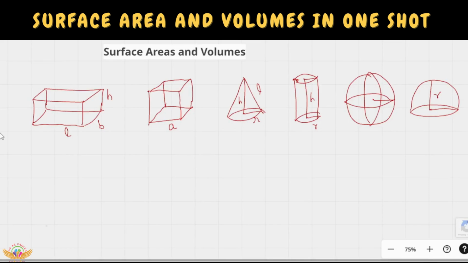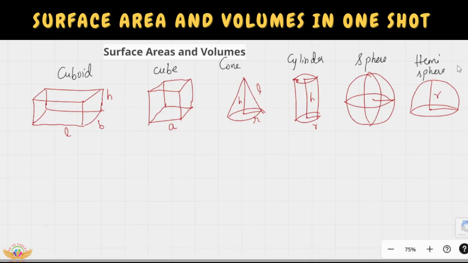Today we are going to discuss the last chapter of class 10 CBSE, that is surface areas and volumes. Before going deep, the first very important thing is to learn the formulae of these 3D shaped figures. The first one is the cuboid, cube, cone, cylinder, sphere, and hemisphere.